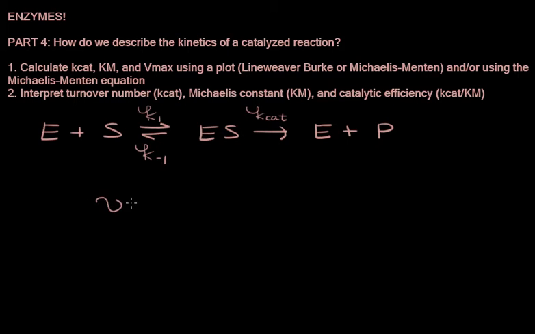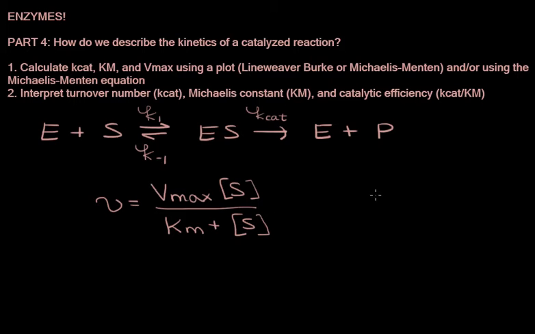We get the rate of this reaction can be described as the maximal velocity times the concentration of the substrate here over the km, which is a ratio of all of these kinetic constants, k1, k minus 1, kcat, plus the concentration of substrate. And so this is the Michaelis-Menten equation. And again, there's a beautiful derivation in your book, and we'll probably do it in class as well.